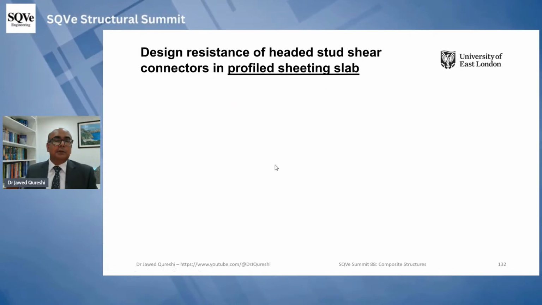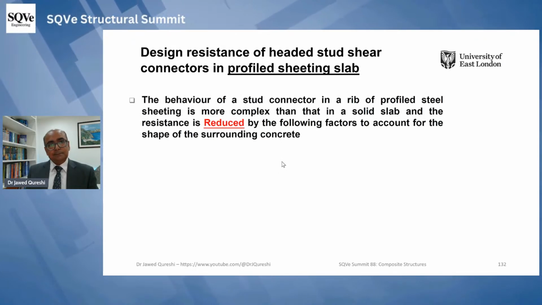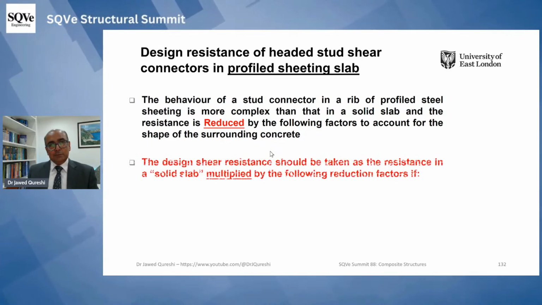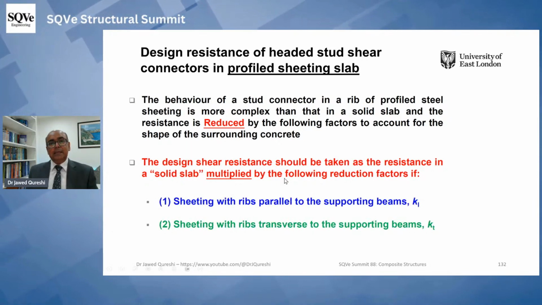Now, how do we work out the headed shear connector design resistance in a profile sheeting slab? The behavior is very complex here, so we always use a reduction factor. First we get the design shear resistance for a solid slab, then we multiply it by a reduction factor.